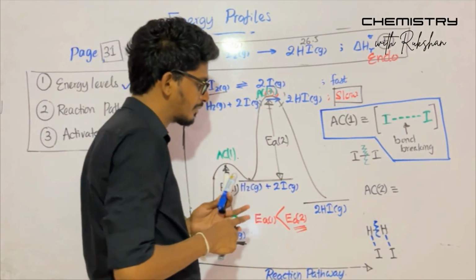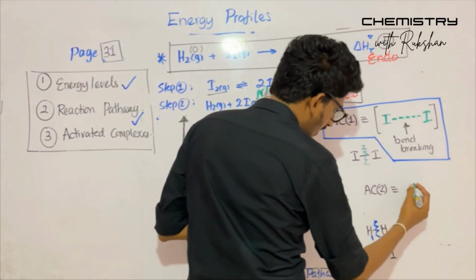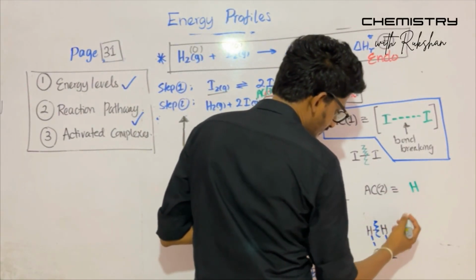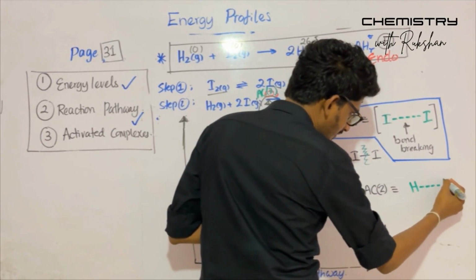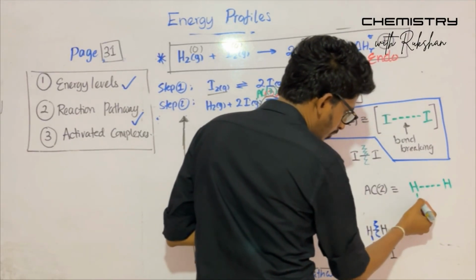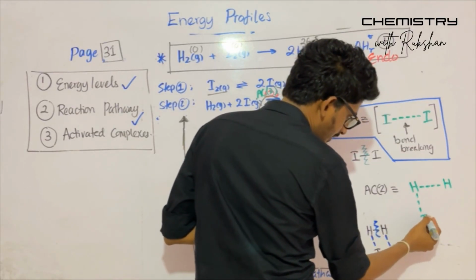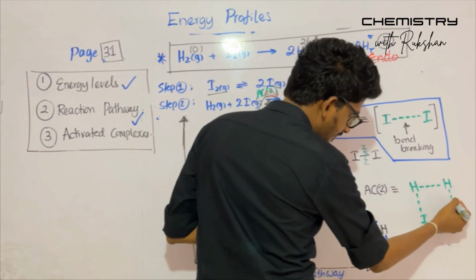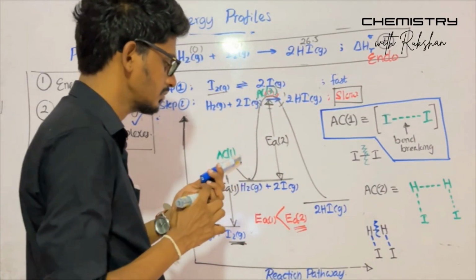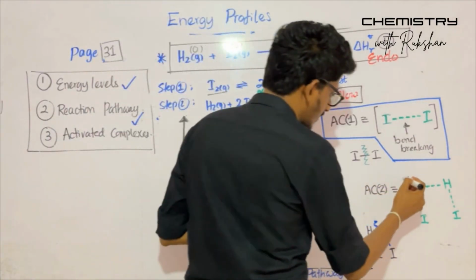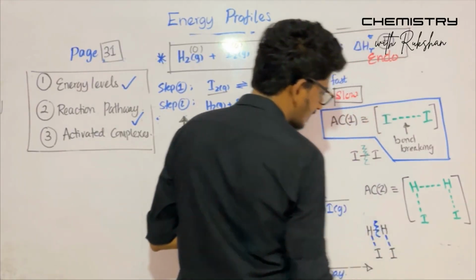So you have the bond to break between two hydrogens, and you have some bonds to form between hydrogens and iodines.